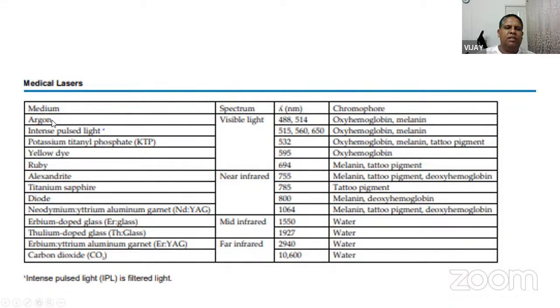If you use alexandrite, titanium, diode, or neodymium YAG, you get the 700 to 1064 range. And if erbium, thulium, erbium YAG (yttrium aluminum garnet), or carbon dioxide is used, it comes in the mid infrared and far infrared. Erbium YAG, thulium, and carbon dioxide all target water as the chromophore.